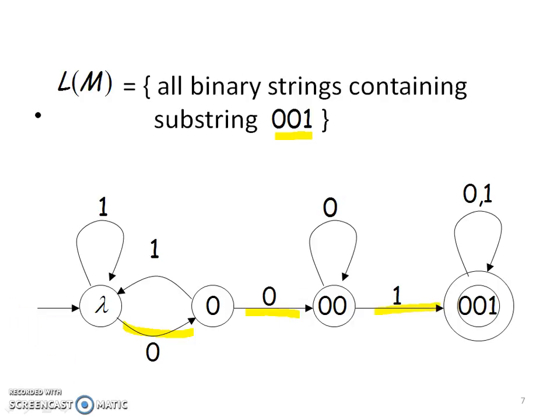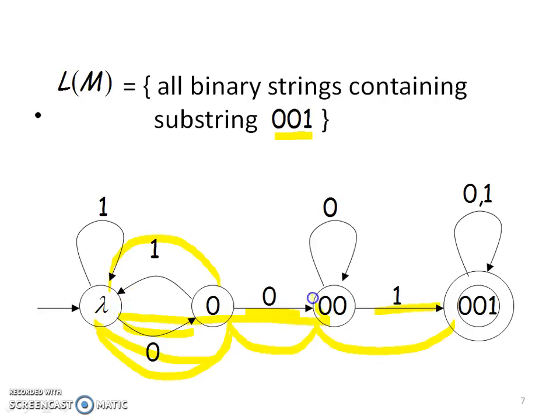A second example could be, say, 0, then maybe 1, then maybe 0 again, then 0, 1. Another example could be, say, 0, 0, 0, 0 and 1.